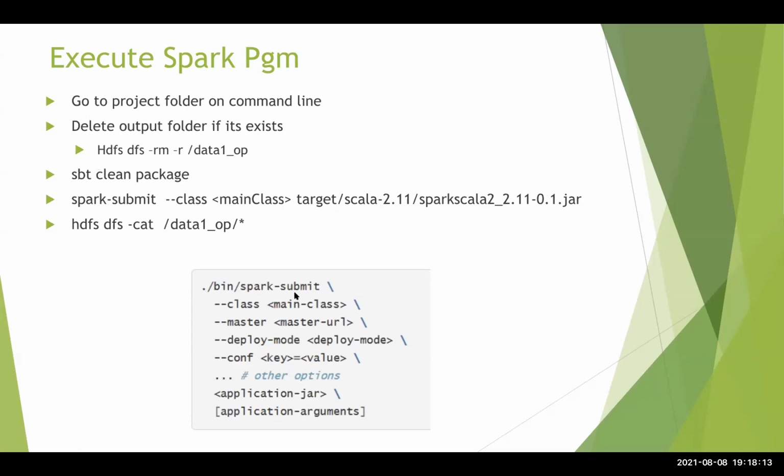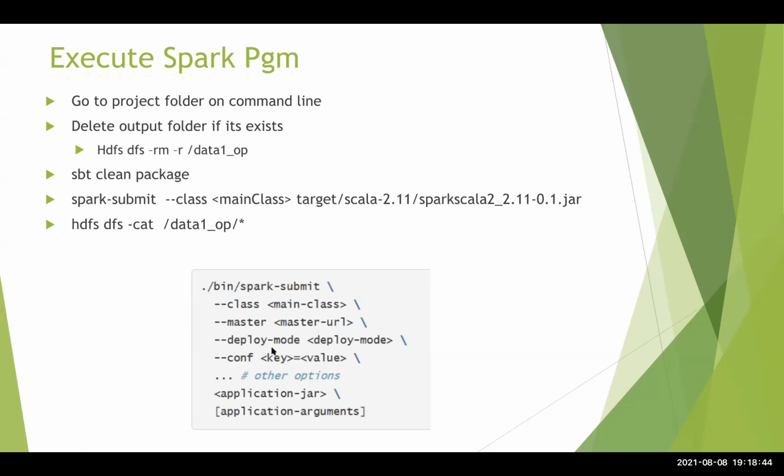Once you do Spark submit, if your Spark bin folder is in your class path, whether on local or on server, then you can just say Spark submit, or you go to that Spark base folder and type this command, Spark submit. Give the main class, give the master. I think we discussed the master earlier, whether it is yarn or local or something. We have also discussed the deploy mode. On yarn, you can run in client mode or cluster mode.